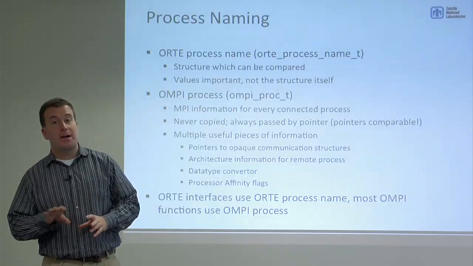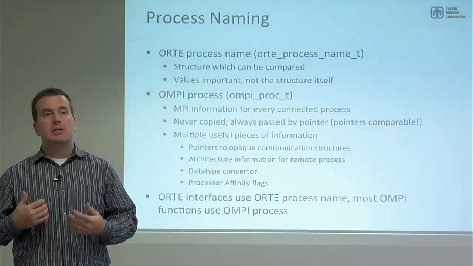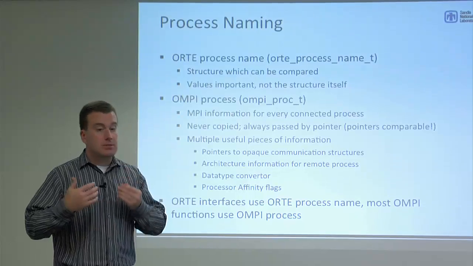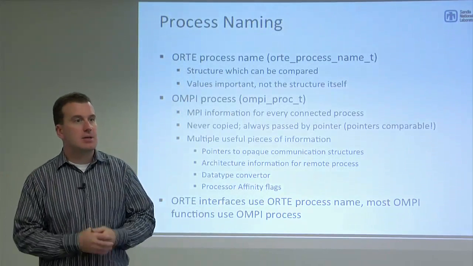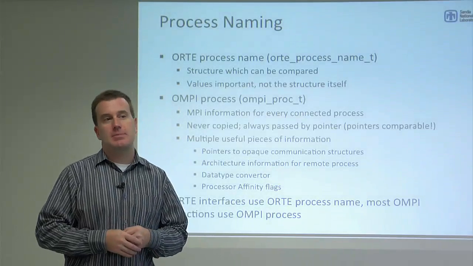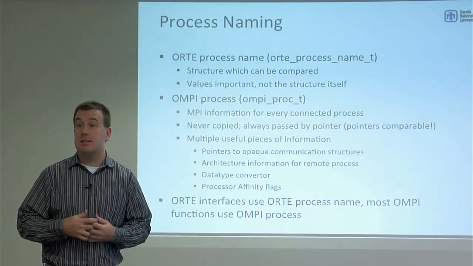Everything, obviously, we need some way of naming an endpoint. In TCP, this is an IP address, right? Or possibly a host name that becomes an IP address. That works great if you have IP. A lot of HPC systems don't have IP.